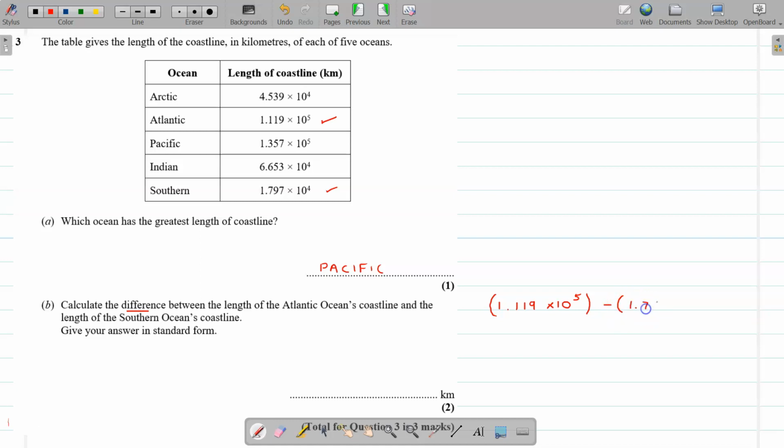Okay, 1.797 times 10 to the power 4. Okay, now when you've got those two numbers typed in with the minus sign between them, you should find that that comes to 9.393 times 10 to the 4.